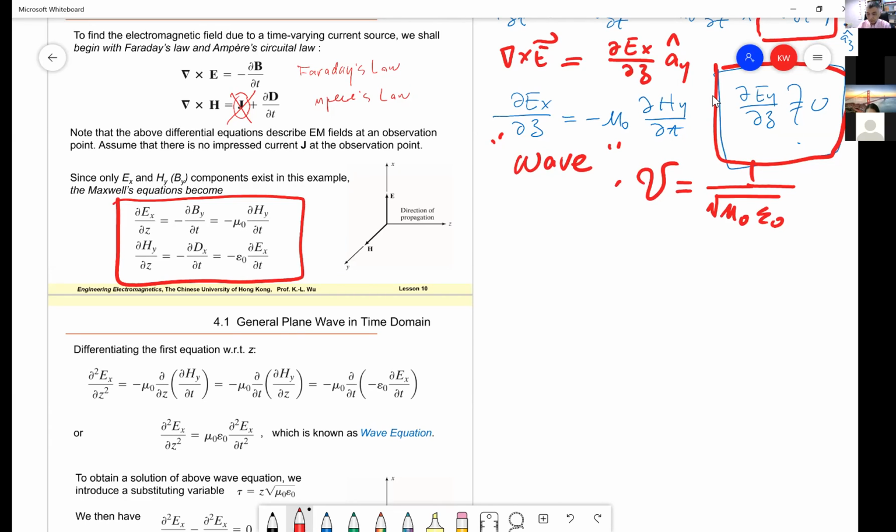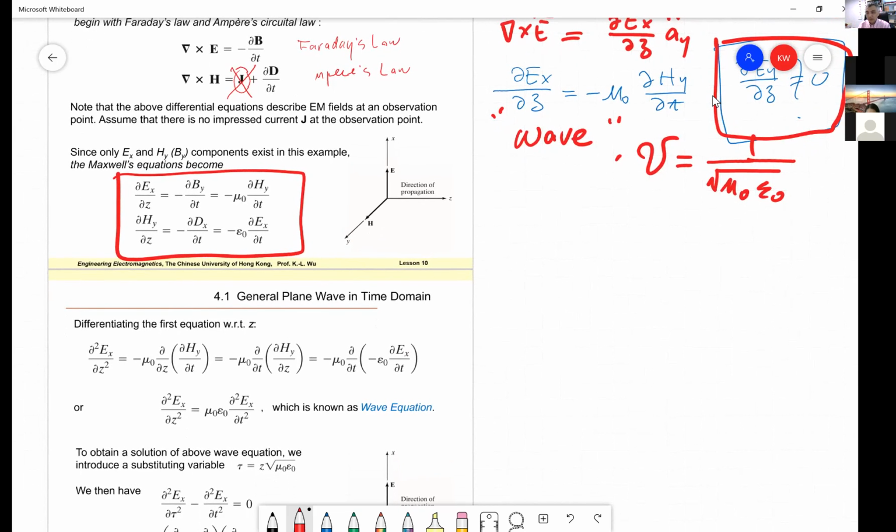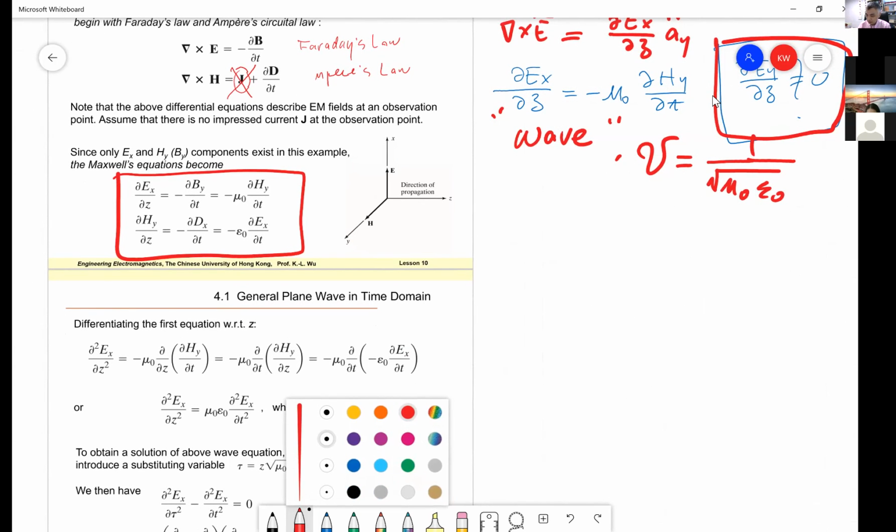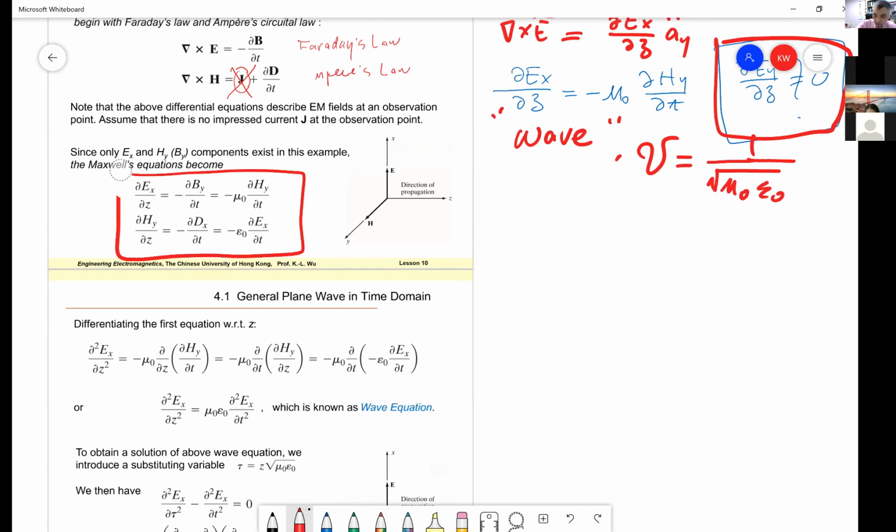Then for the first equation, let's take a partial z on this and a partial z on this.